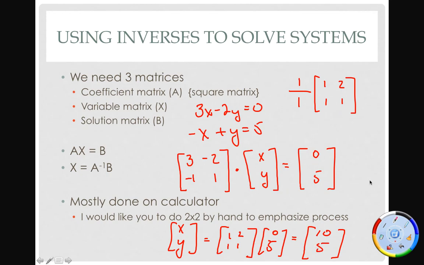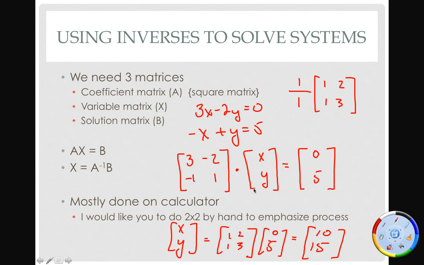Oops, where'd my 3 go? Ah, that's what's wrong. I lost my 3. That's supposed to be a 3. Okay, 3, 3. I thought I had too many 1s there. That makes 15. Got it. So we could do this and find that x is 10 and y is 15.